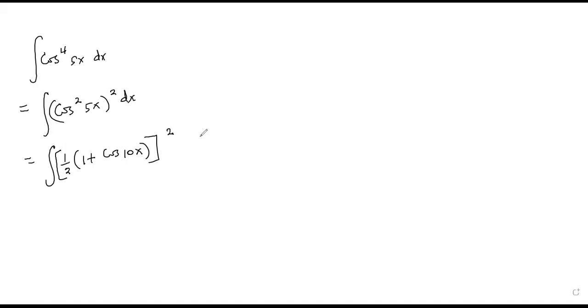And therefore my aspect holds. What does it imply? The half squared is going to become a quarter, and I can move it outside, a quarter, then into 1 plus, I can expand this, 2 cos 10x, then plus cos squared 10x dx, of course.